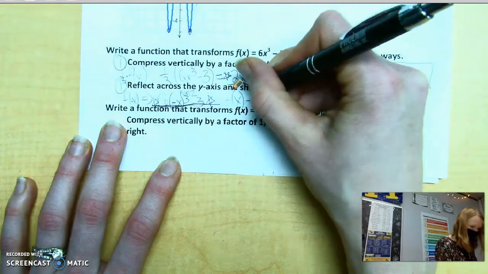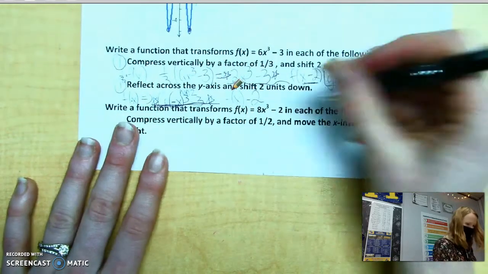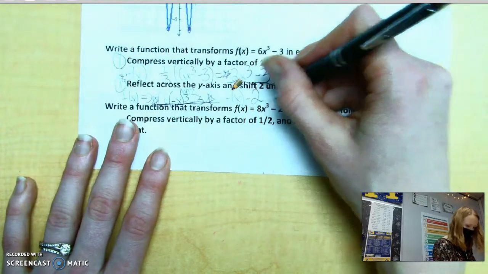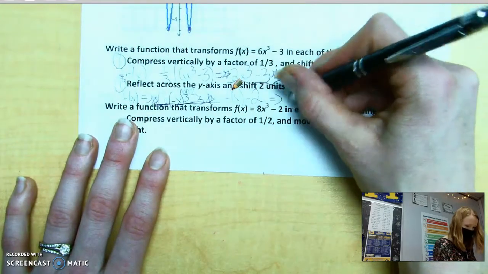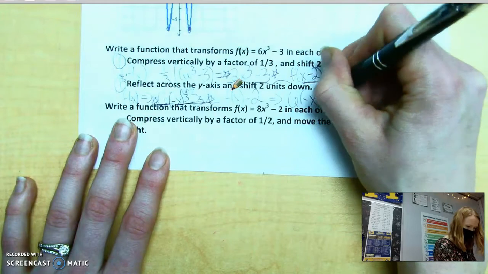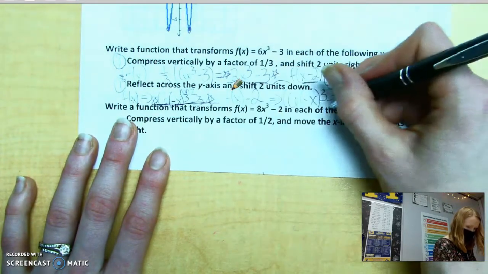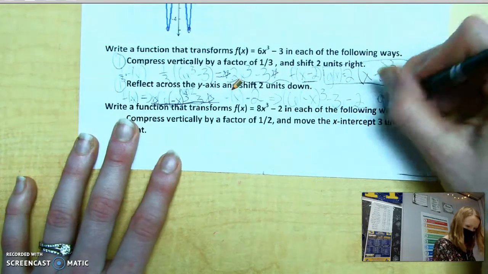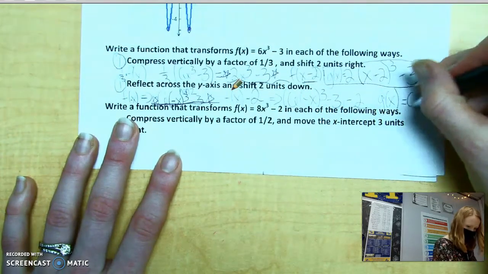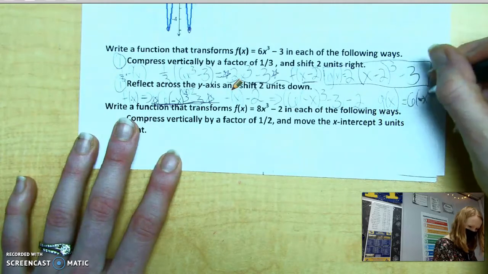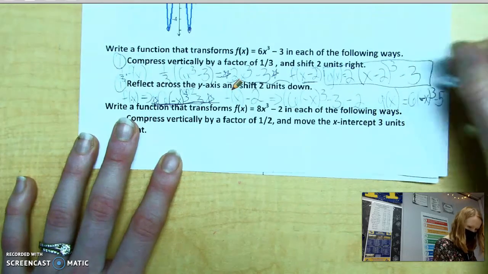So if you do that, up and down is vertical, so on the outside you're going to subtract 2. And when I have that, I'd have 6 times negative x cubed minus 3, and then a minus 2 on the outside, and then you can combine like terms to get your g of x equals 6 times negative x cubed minus 5.